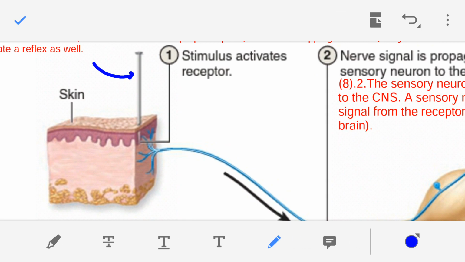This is the iron nail they are showing, and as you can see, the top of the iron nail has made a puncture in your skin.